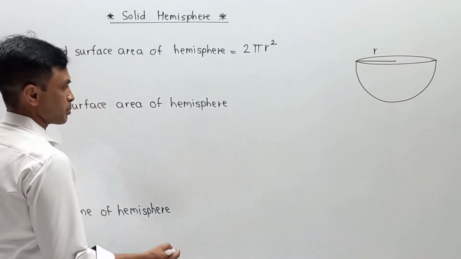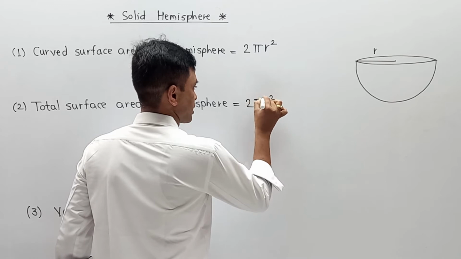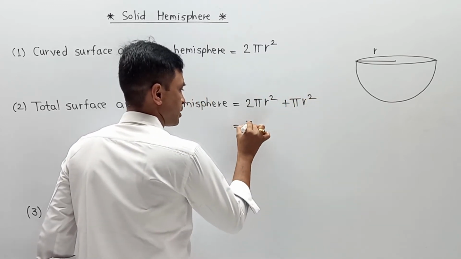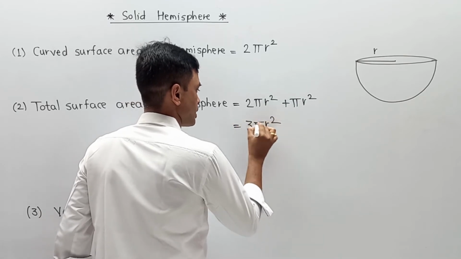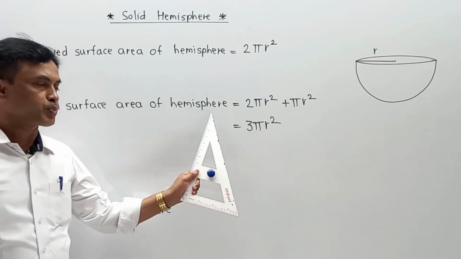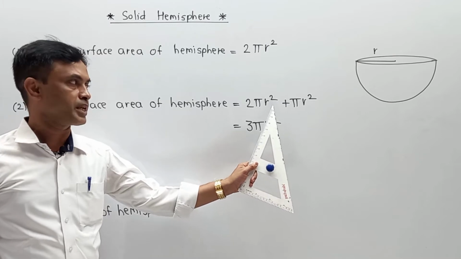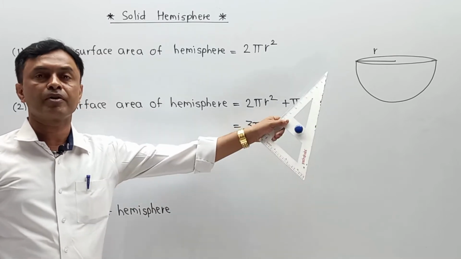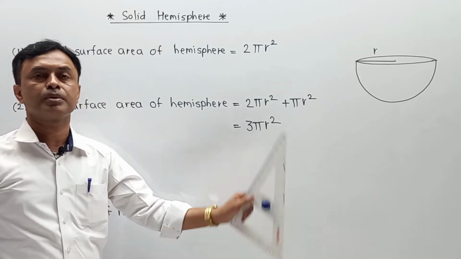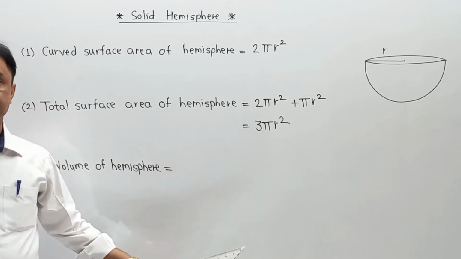So it is represented as 2 pi r square plus pi r square, and that is why it becomes 3 pi r square. Remember it very carefully. Total surface area of hemisphere is equal to curved surface area plus the area of the upper face, that is pi r square. So 2 pi r square plus pi r square is equal to 3 pi r square.